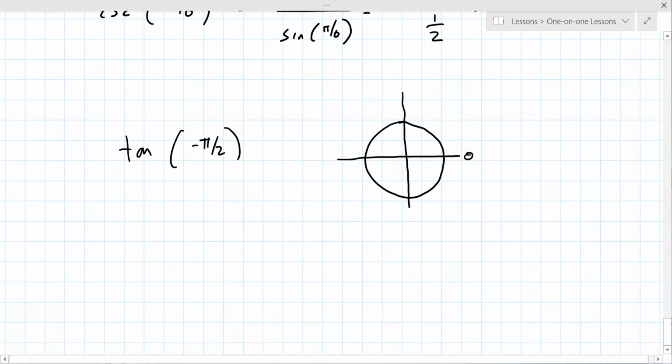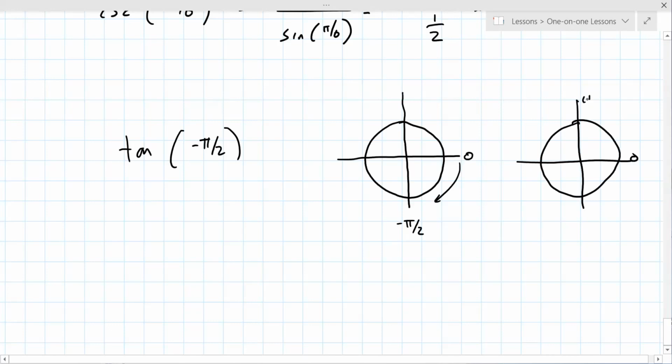Right, so here's 0, and you're going this way, and this is minus pi over 2. Normally you go positive, and there's pi over 2. So it's 0, -1 there. Exactly. Now, tangent is y over x. -1, it's undefined? It is undefined.